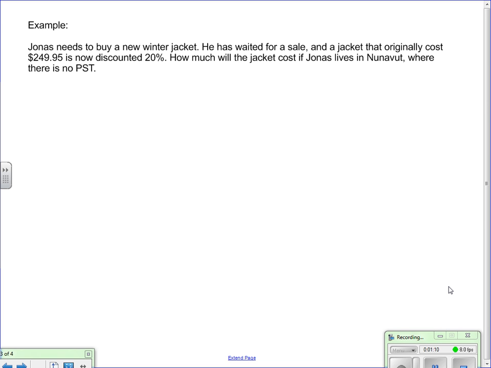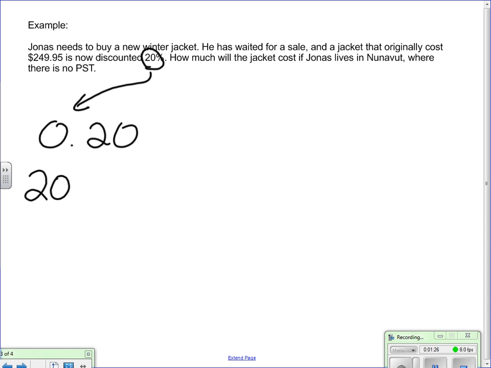So the way we're going to go about finding this is we're going to take this 20%, convert it into a decimal, and so that's 0.20. Okay, remember how I do that. I take the number, which is the 20%, and I move the decimal place 2 times.